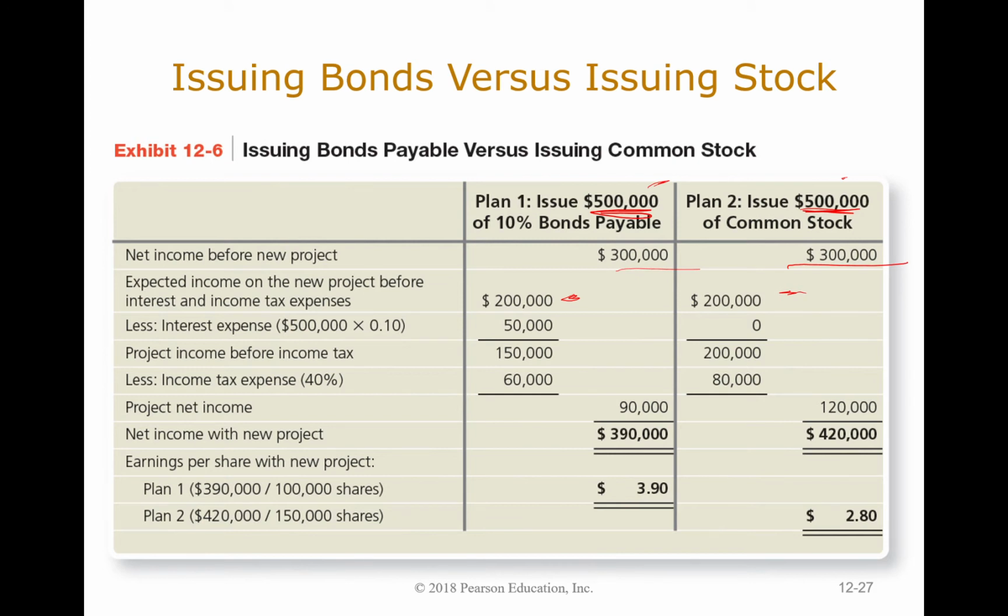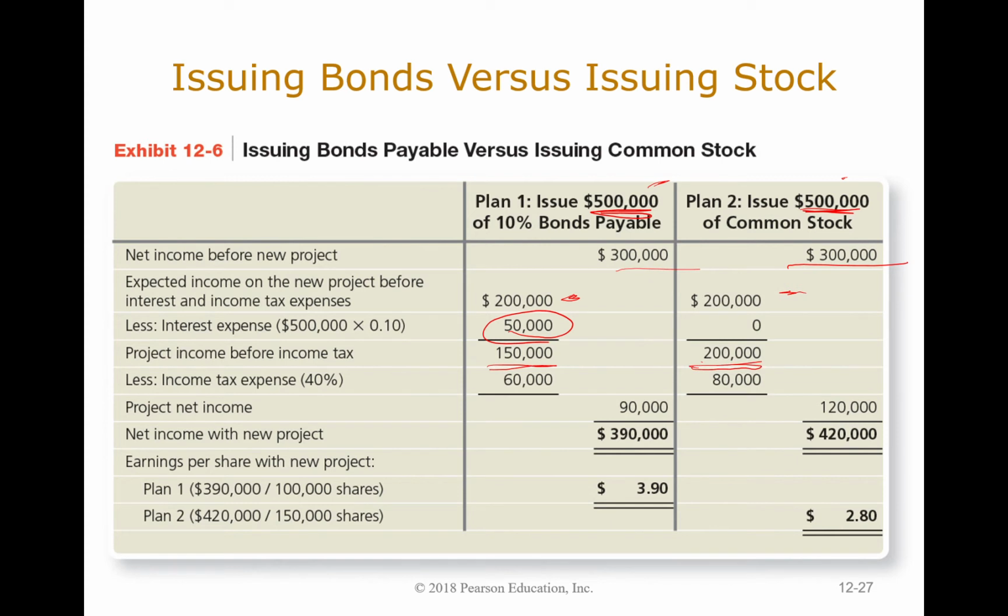However, with a bond, we have to pay interest, which is here. So our income before tax for a bond is going to be $150,000, whereas if we're doing this by issuing stock, it's going to be $200,000.